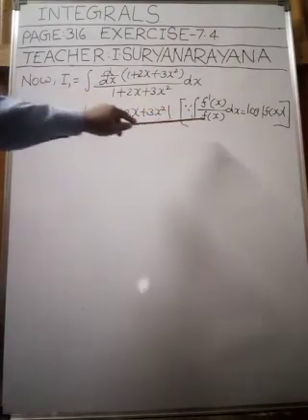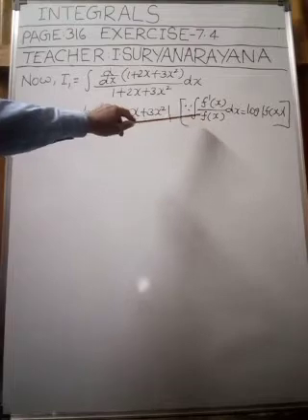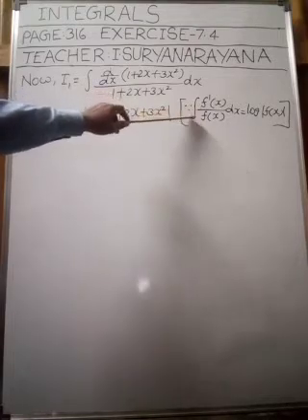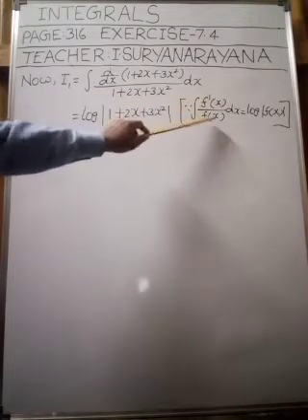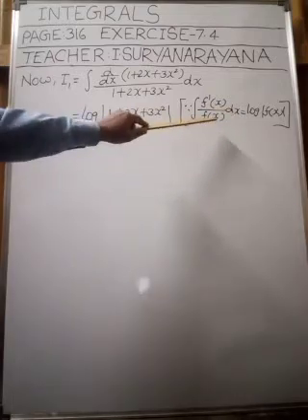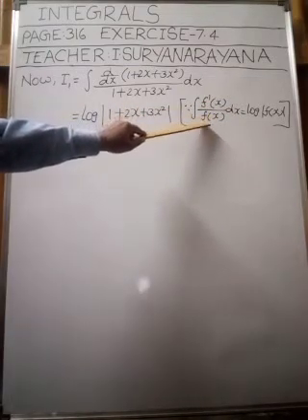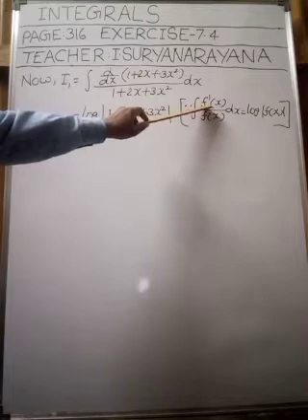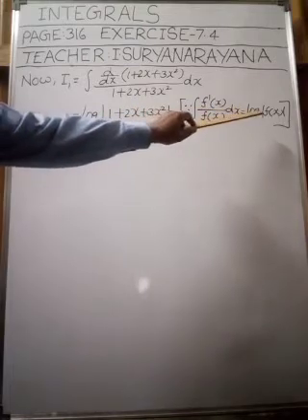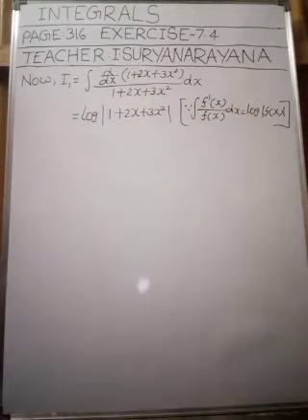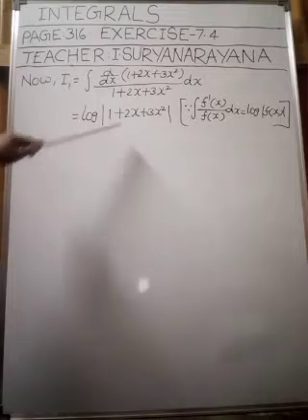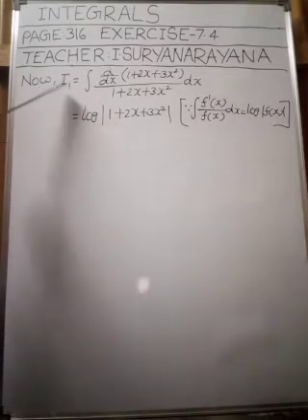Hereafter, we use this formula also very frequently. Integral f dash of x by f of x dx means in the numerator there should be the derivative of the denominator, then its integral is log mod denominator. Understood this step, my children? So we found the integral of this first function I1.